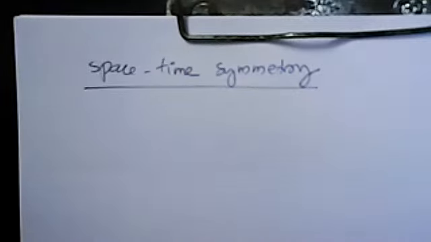Since space is homogeneous, the Hamiltonian of the physical system is invariant, has no change, when you perform a translation in space. You have a system, you are simply translating the system in space, so the Hamiltonian remains invariant.